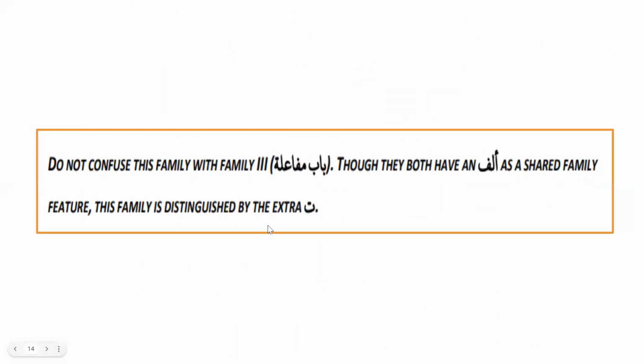And one thing you should keep in mind: do not confuse this family with family 3, which is the jahada family, bab mufa'ala, jahada yujahidu jihadan. Though they both have an alif as a shared family feature, this family is distinguished by the extra ta.